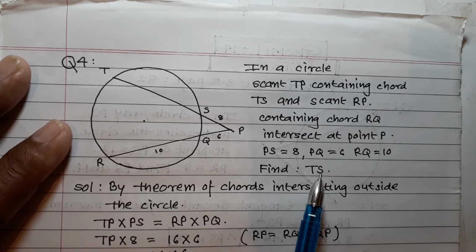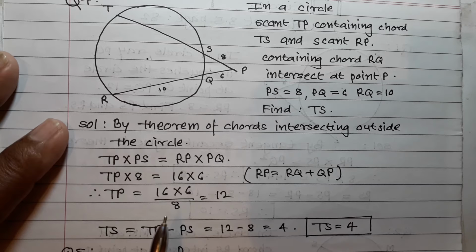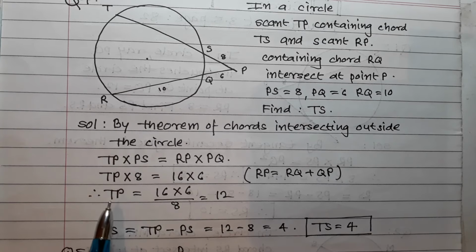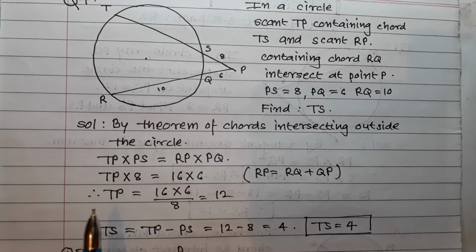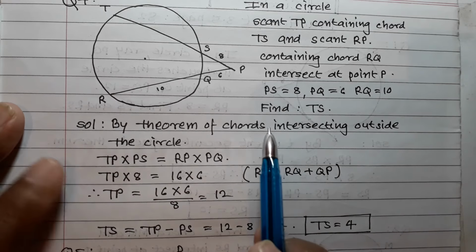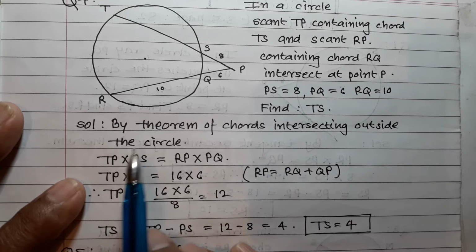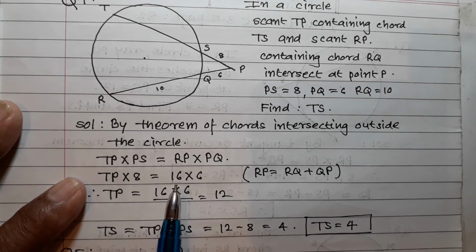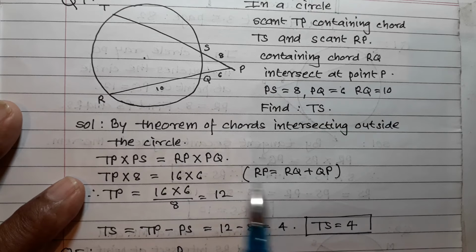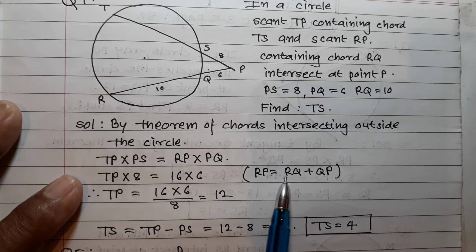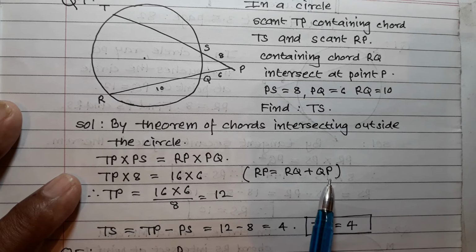Okay. Now in this case you use theorem of chords intersecting outside the circle. Solution. By theorem of chords intersecting outside the circle, TP into PS is equal to RP into PQ, and therefore TP into 8 is equal to 16 into 6. Here RP is equal to RQ plus QP.